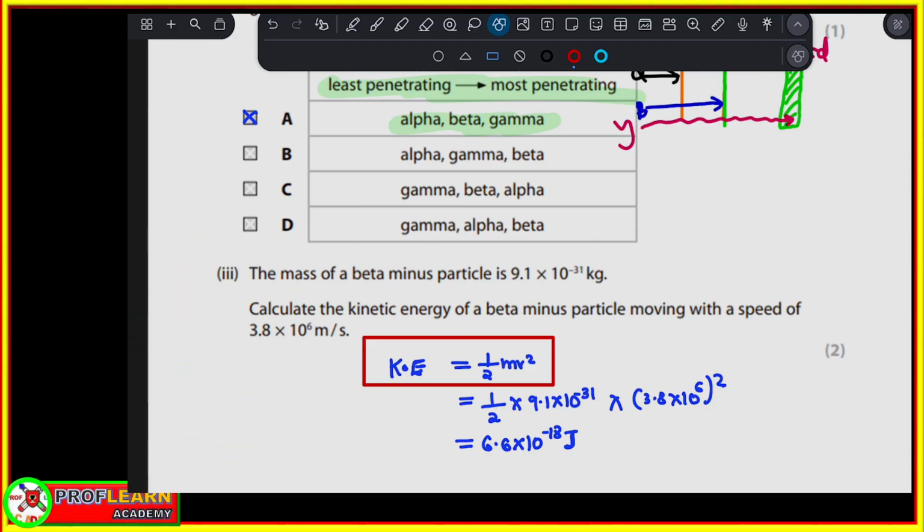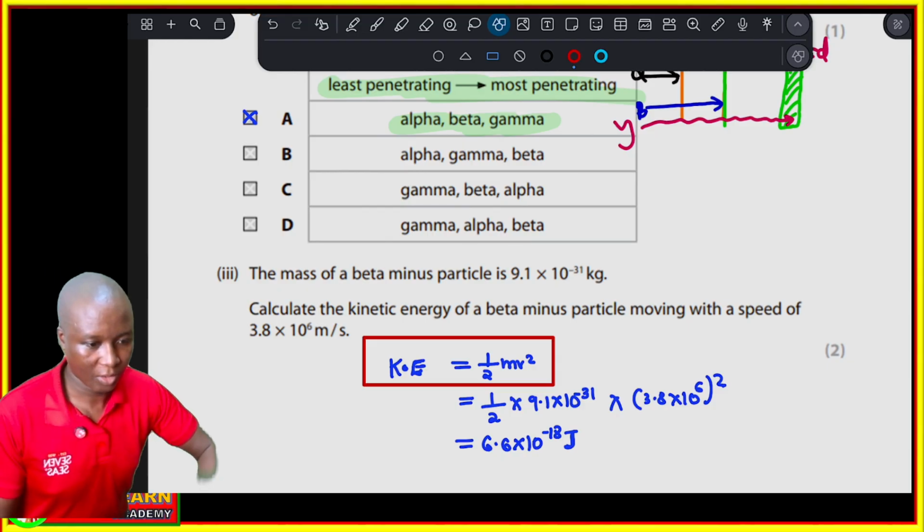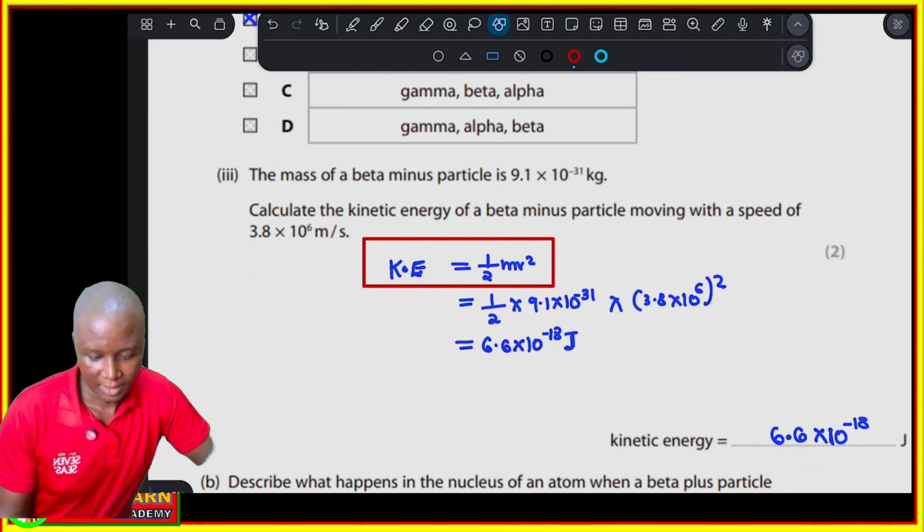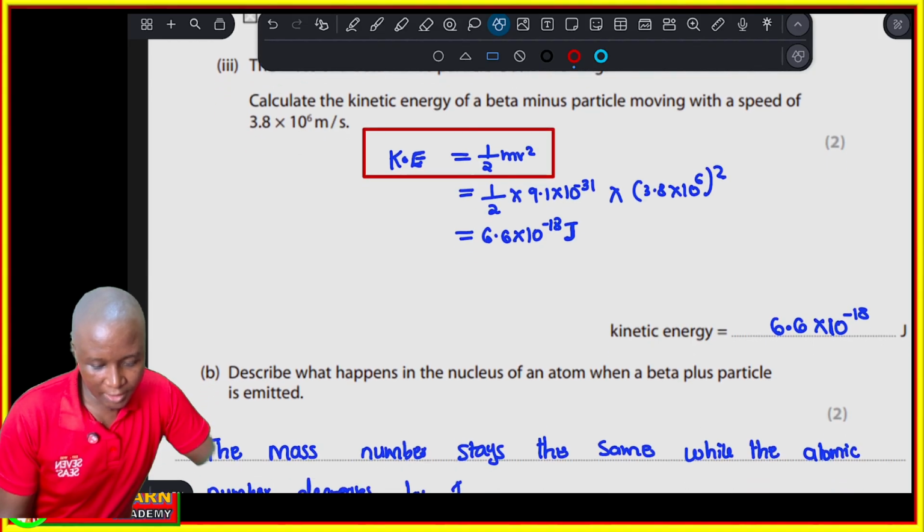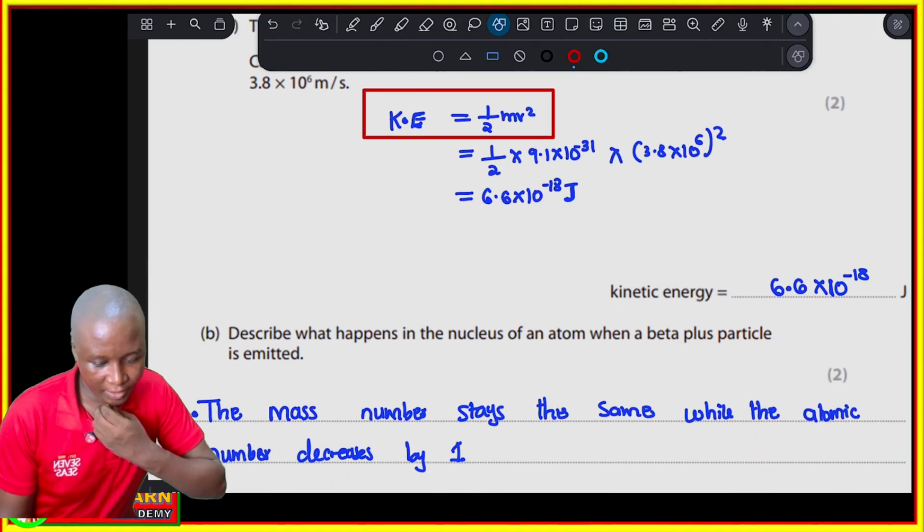Don't forget that you have to square the speed in that particular question for you to get the correct answer. Don't forget to square the speed. And if you work it out, you get 6.6 times 10 raised to the power negative 18.